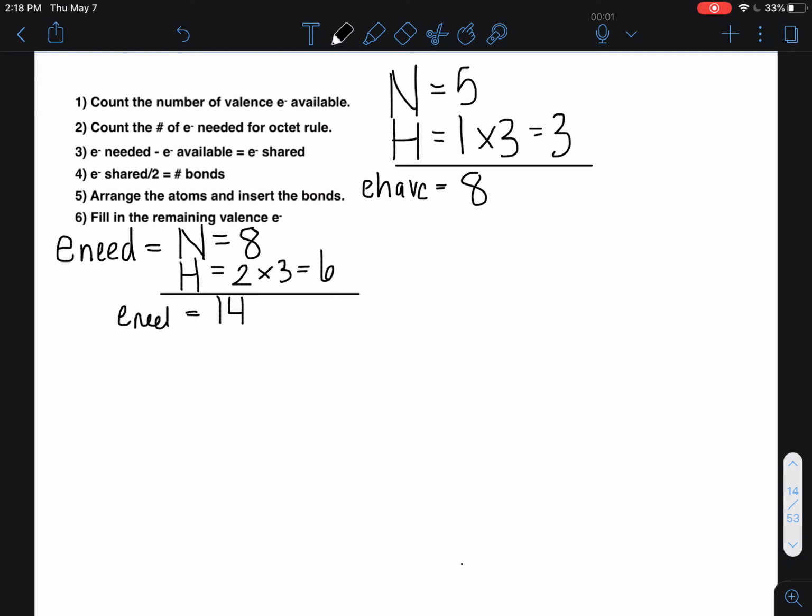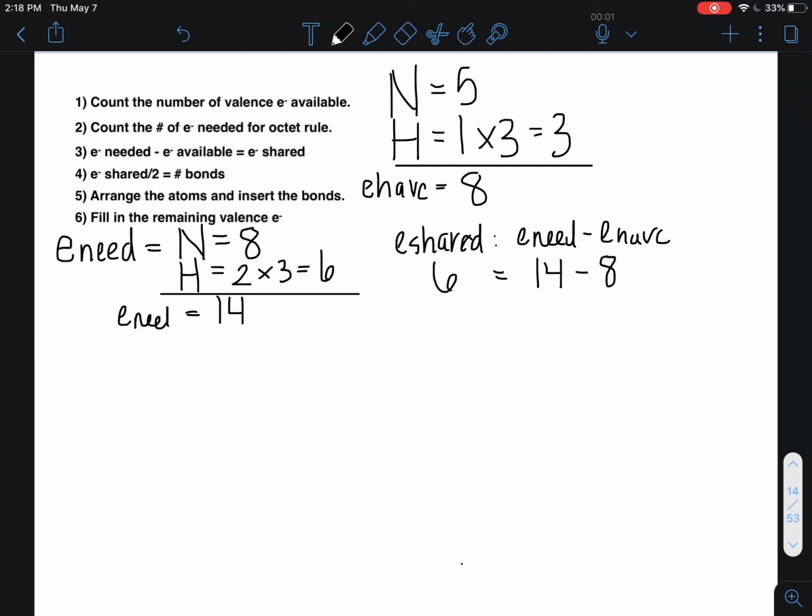All right. Then what we're going to do is find out what E shared is. E shared is going to be E need minus E have. So E need is 14. E have is 8. So that is going to be 6 shared.